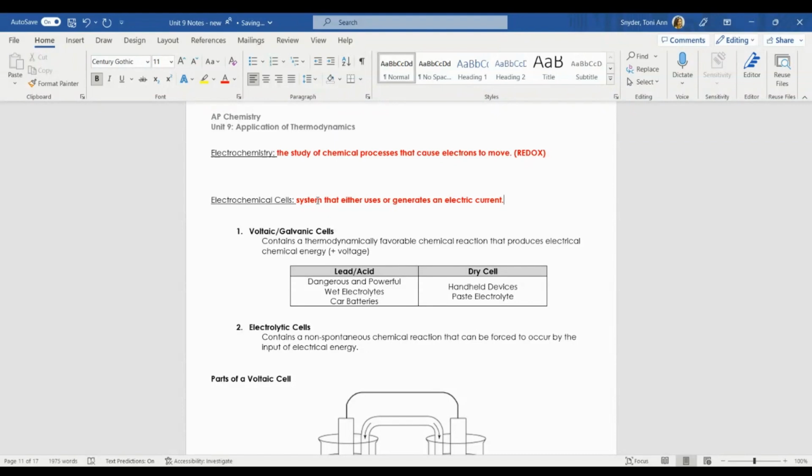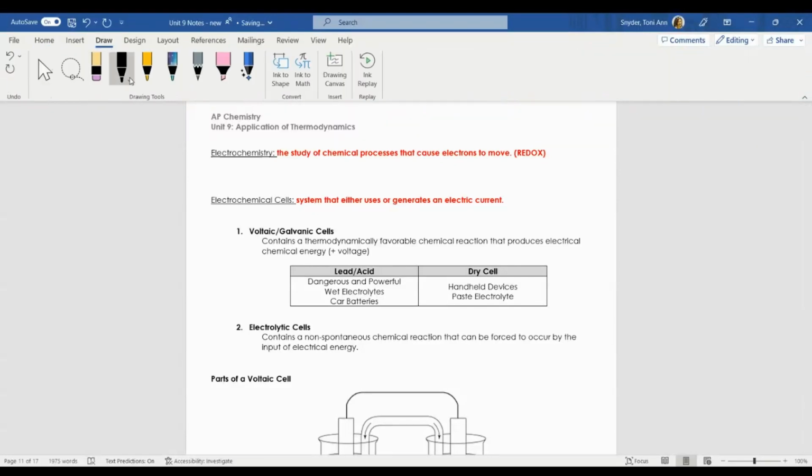So in this case, it will produce a voltage, and we will have a positive value for voltage, okay? Voltaic or galvanic cells tend to be used interchangeably.